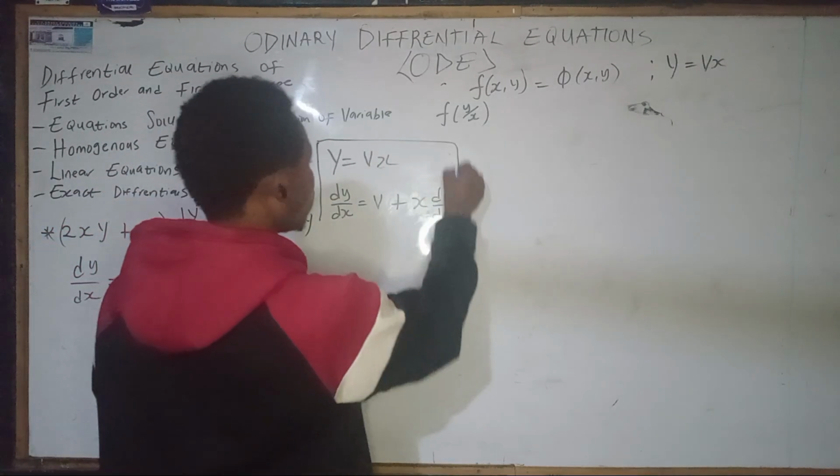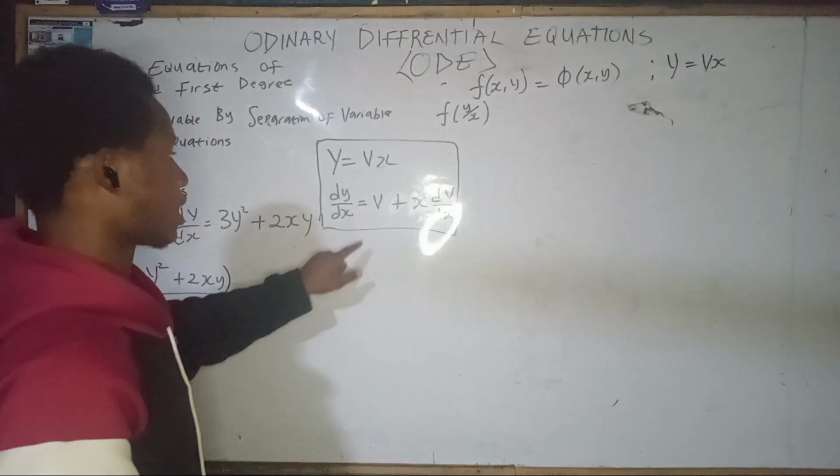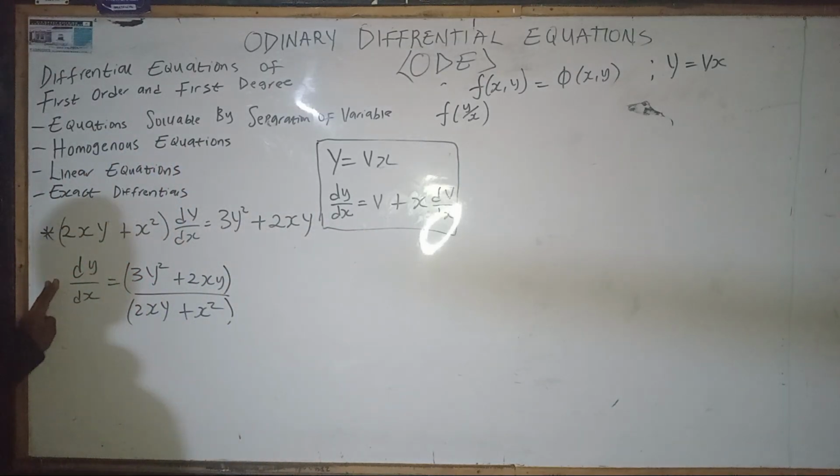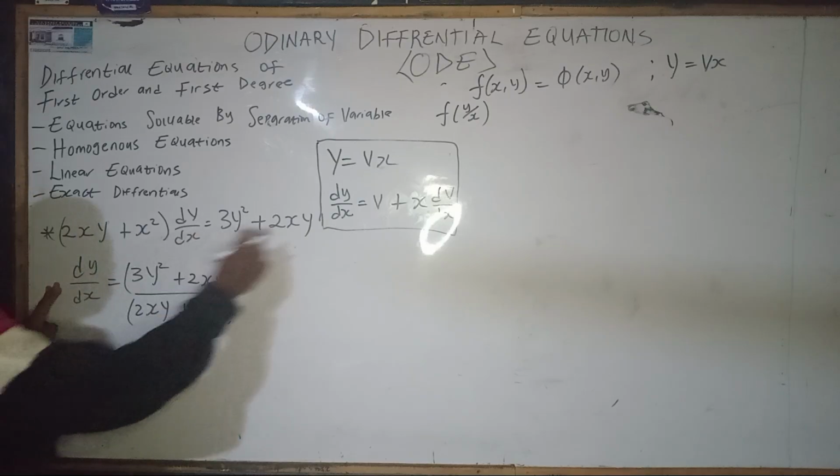This here you should keep very important. We are going to impute this into this particular equation here in order for us to be able to solve it. Now let's go. So dy dx is equal to this.